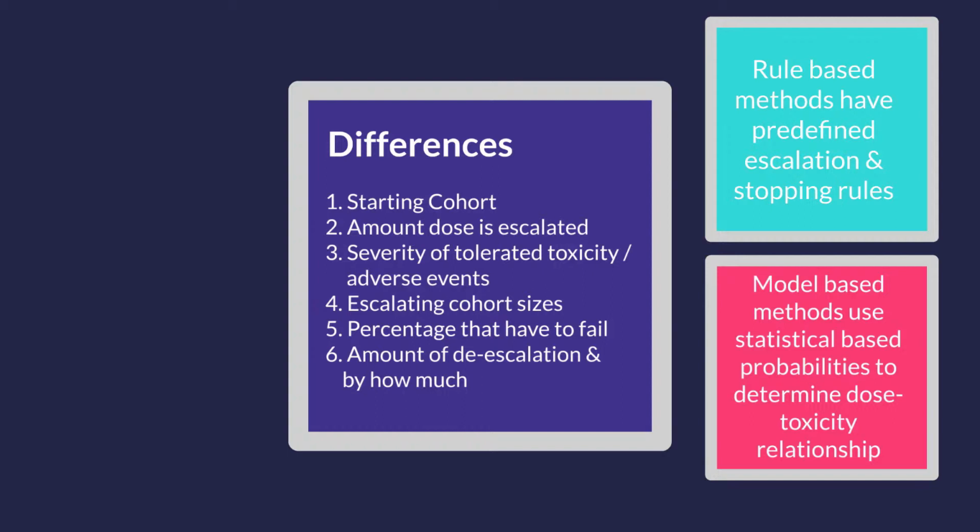So you will have some kind of idea about your escalation, and you'll certainly know what a poor outcome is, but the proportion of people that have them and how many more people you'll use is going to be dependent upon the prior time period and the statistical models. So a little bit more complex, but may ultimately provide you a little bit more information or a clearer picture of where to go than a rule-based method.